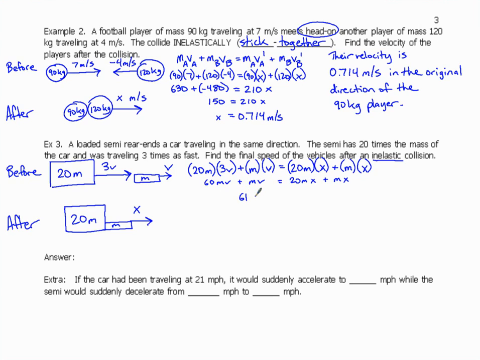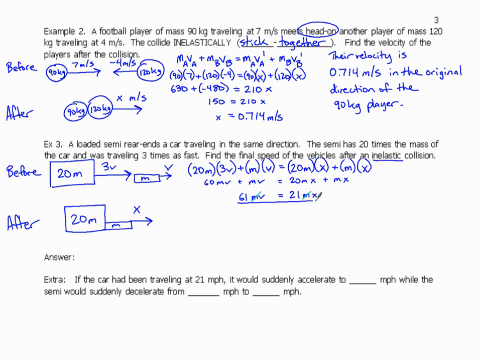This is 61mv equals 21mx. So as we look at this, we have mass on both sides, this m, and so we can cancel out these m's. And we have 61v equals 21 times x.